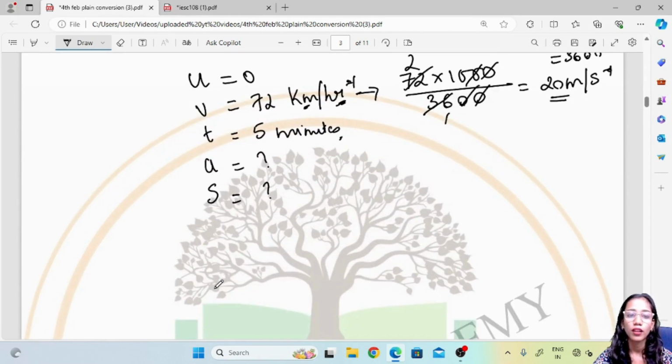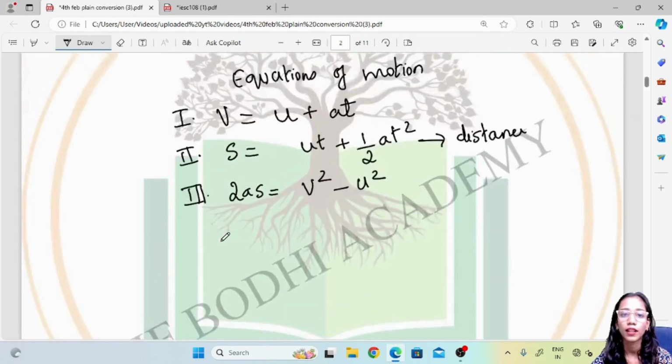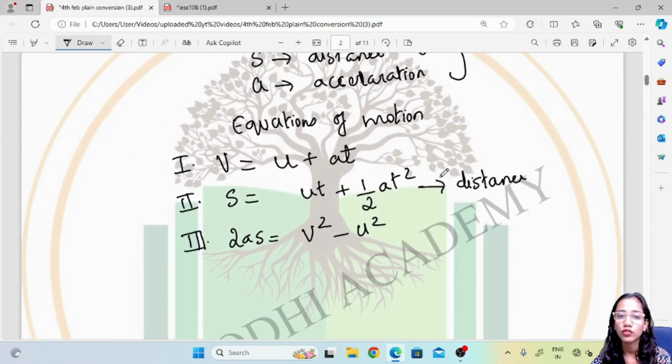So now I have to find a over here. Now we know u, we know v and t, and I have to find a. So which formula do we have to use to find a? Let us see. The first formula: v is given, u is given, t is also given.